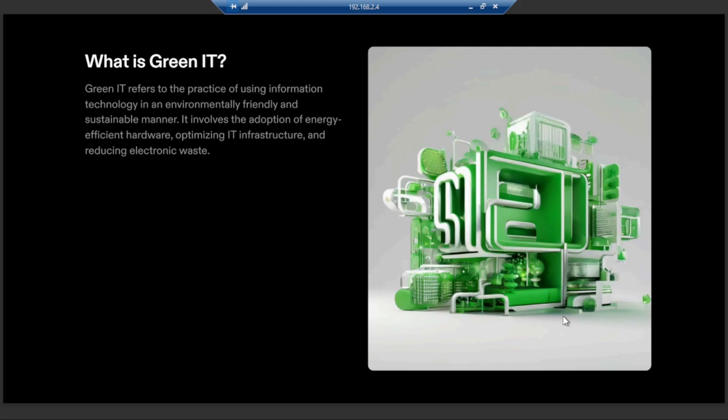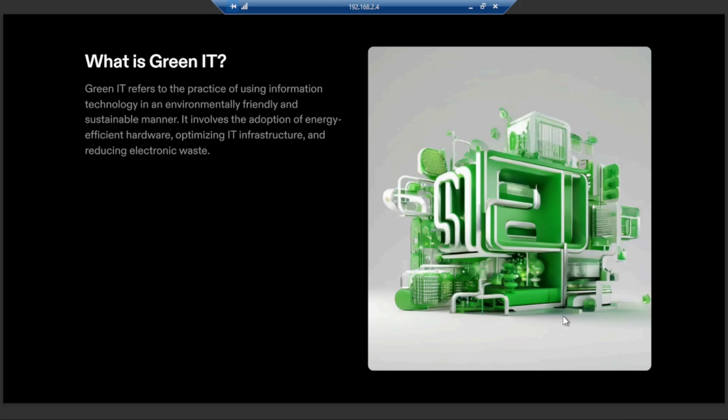So, if you are working in IT environments, you would be using a lot of devices like laptops, desktops, servers, network routers, switches, and many other network components which could be consuming a lot of electricity in your IT environments.